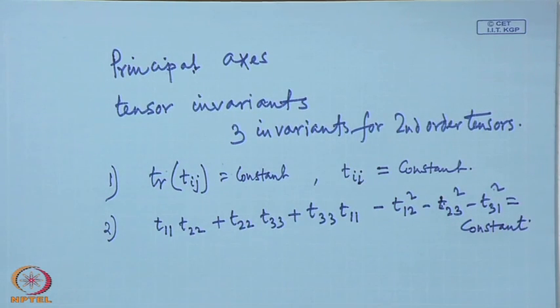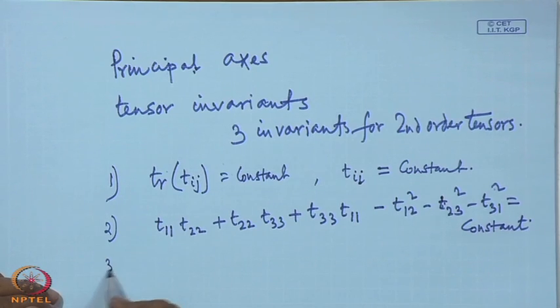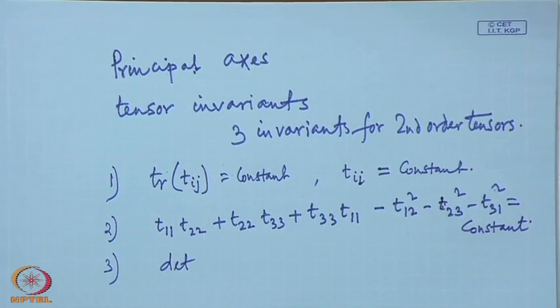This is true for any tensor, not only the stress tensor, but any other tensor like the moment of inertia tensor or strain tensor or any other tensor which you may come across. It is true for all of them. Whenever it is a second order tensor, there are three invariants, and the third is the determinant of the matrix formed by Tij.